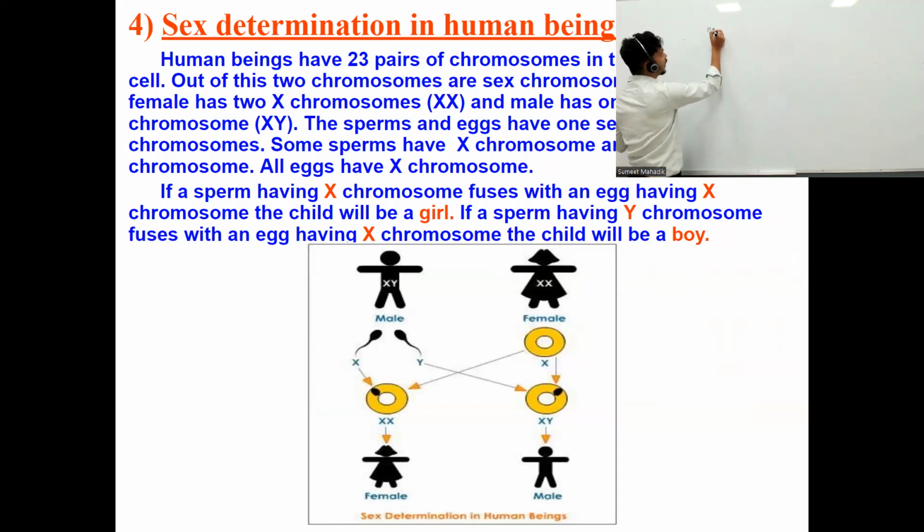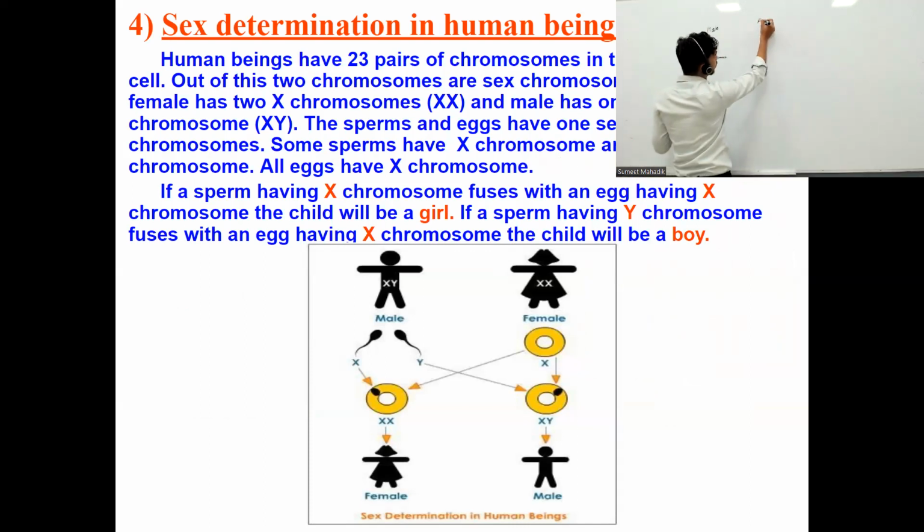Male has a male gamete called a sperm, having 23 chromosomes. Similarly, in case of female, the female gamete is the ova or egg.